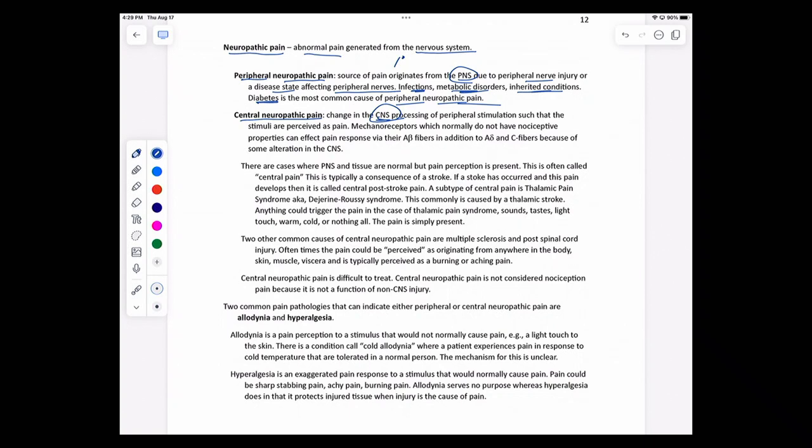You could also have a situation where you have mechanoreceptors in the peripheral nervous system, which normally do not have a nociceptive property. They can, in fact, affect pain in response to their A beta fibers. So again, just an example, you may have some Pacinian corpuscles or the Ruffini's or something being stimulated, and normally there would be no pain at all associated with that.